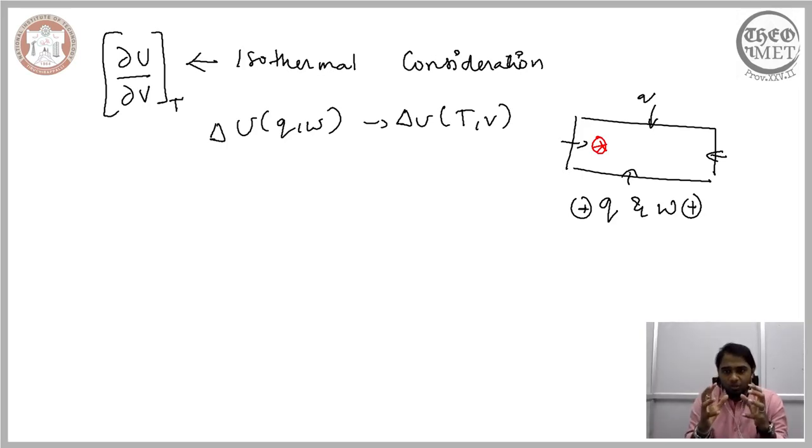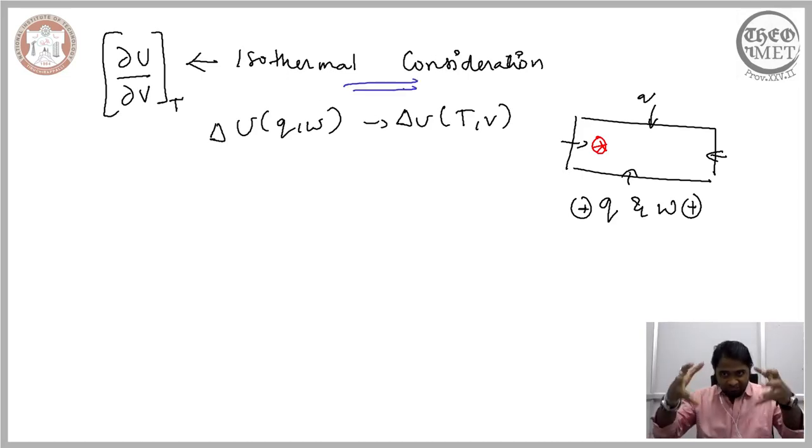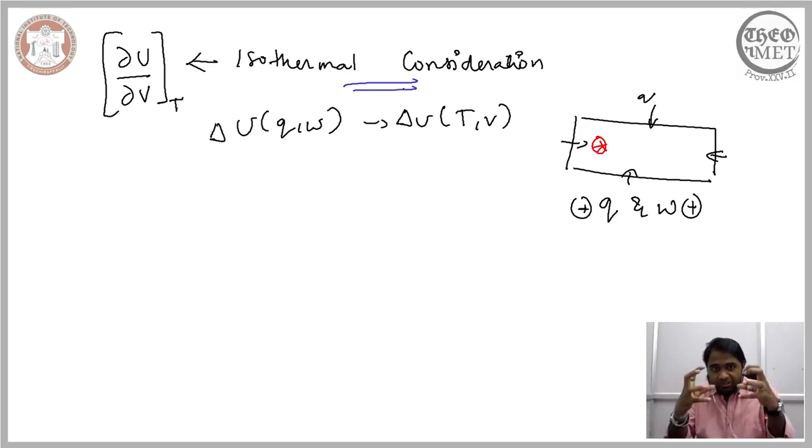Now, in order to avoid this increase in temperature, we are allowing the system to expand. We want to maintain the temperature constant because we are ultimately considering the isothermal condition. Even though the heat fed into the system and the work done by the system both contribute to the increase in temperature, we allow the system to expand to ensure that the overall change in temperature remains zero.